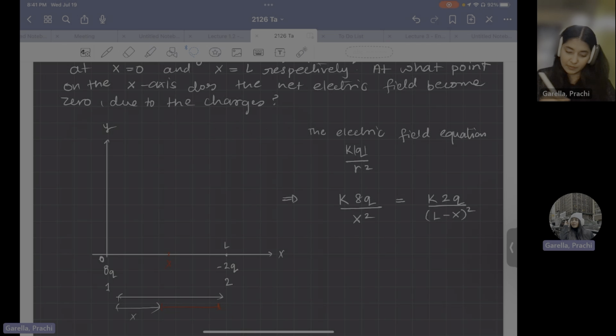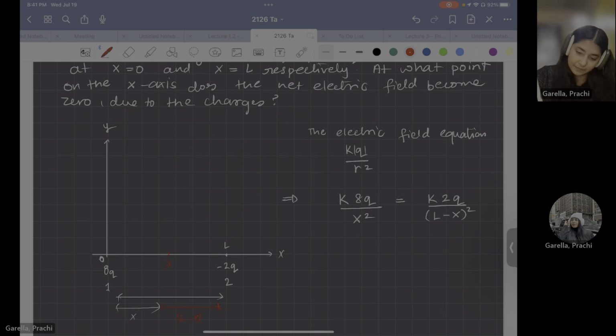Okay, this is what we have to find. This is L minus x. Now we just have to do the algebra, and this becomes 1, 4, and now this is x squared equals 4(L minus x) the whole square.